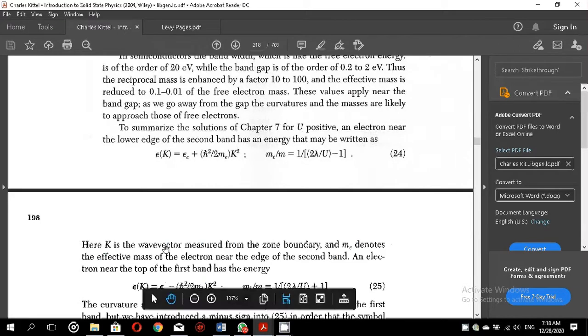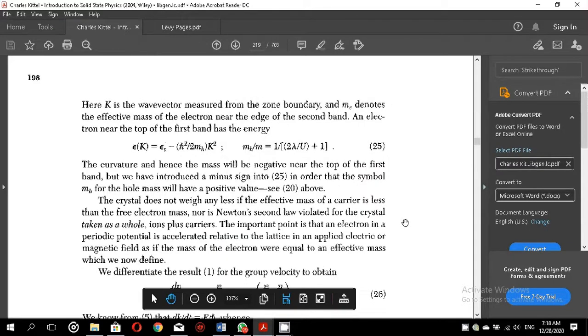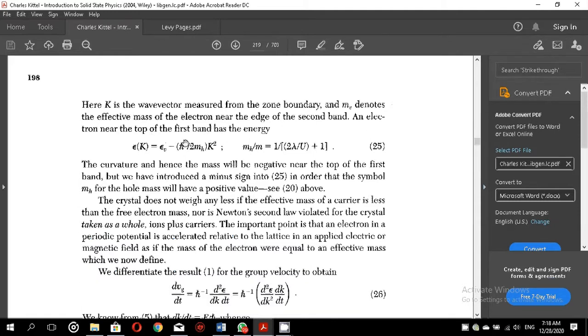Here k is the wave vector measured from the zone boundary, and m_e denotes the effective mass of the electron near the edge of the second band. An electron near the top of the first band has the energy given by these equations. Equation number 25. The curvature and hence the mass will be negative near the top of the first band, because the curvature over here is negative.